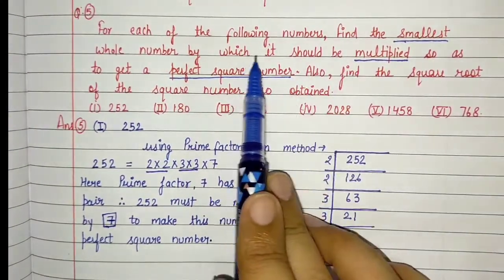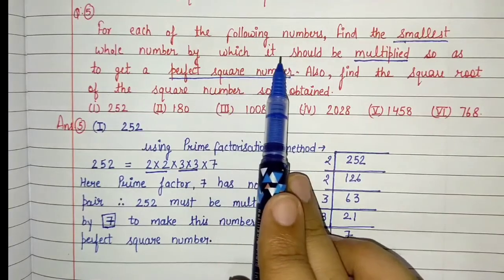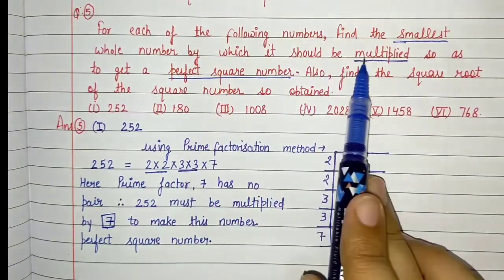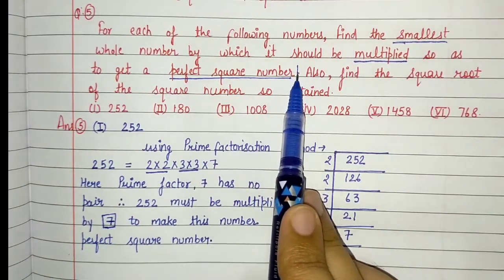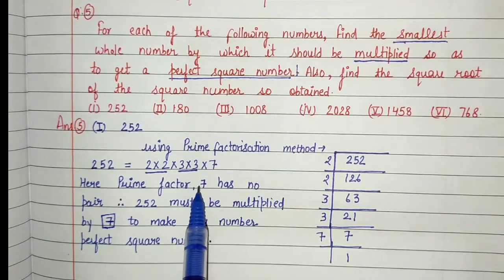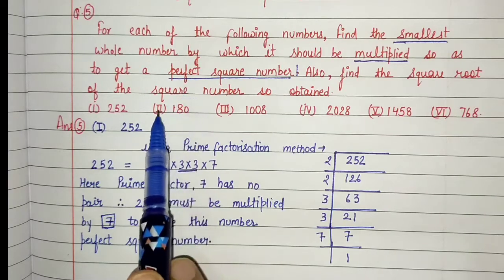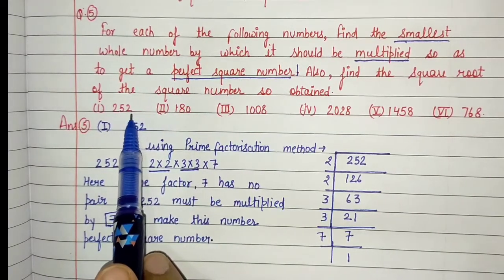So this part of the question is clear. What should be multiplied? 7 should be multiplied to make this number a perfect square number.